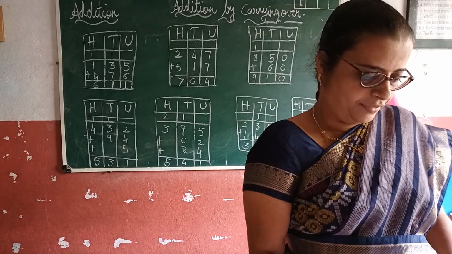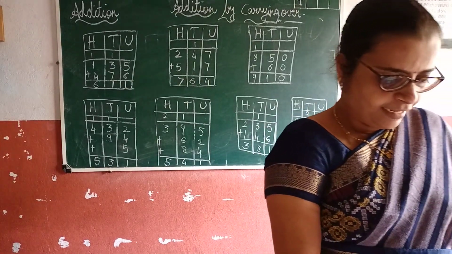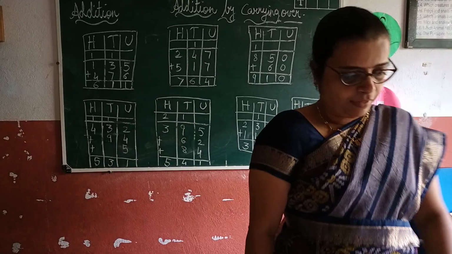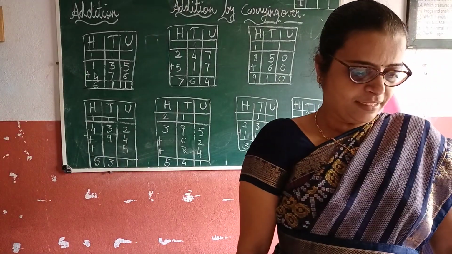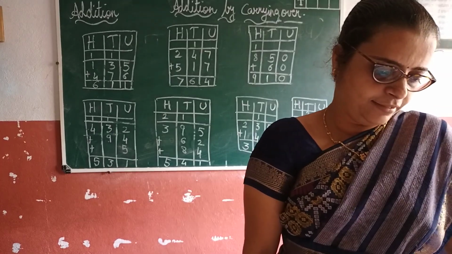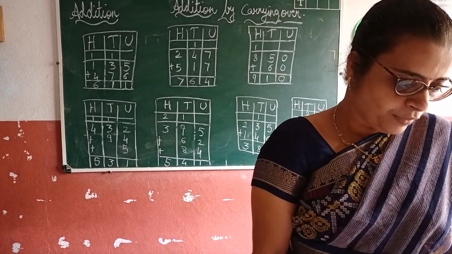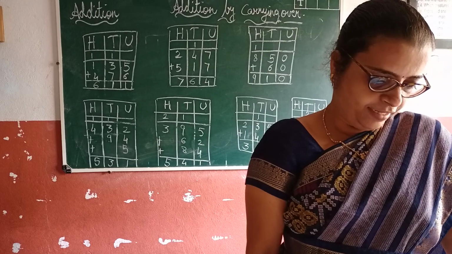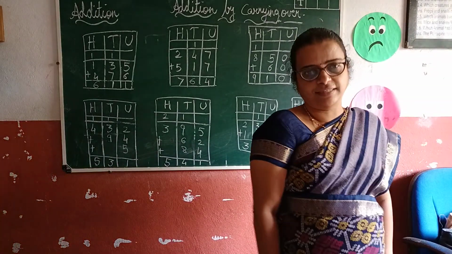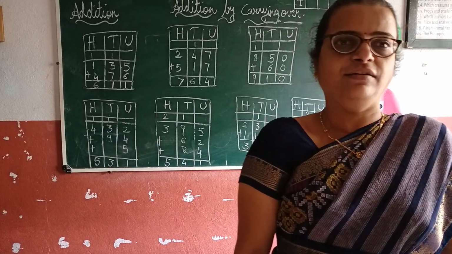So I am going to do the revision. Look here, 10 tens make 100. So you have to write here 10 tens. For example, if it is given 400, that is 40 tens, so you should write here 40 tens.